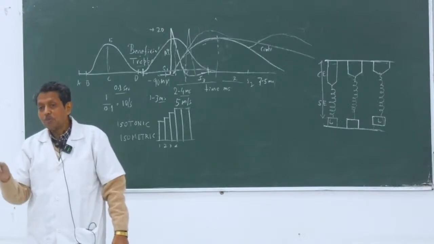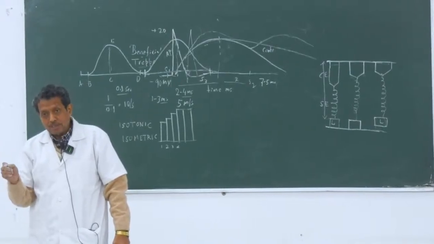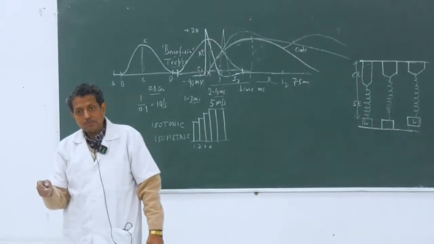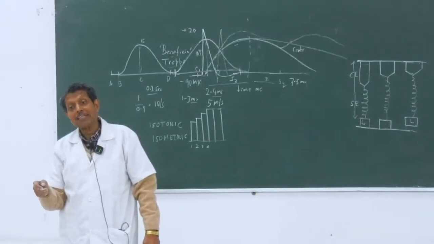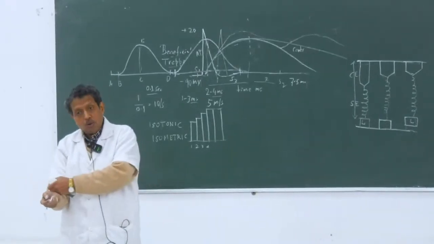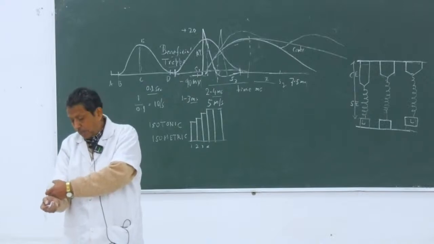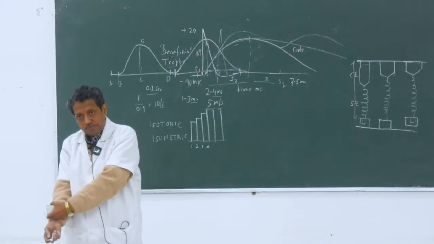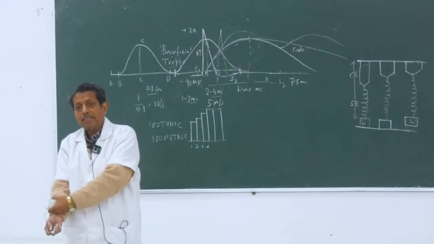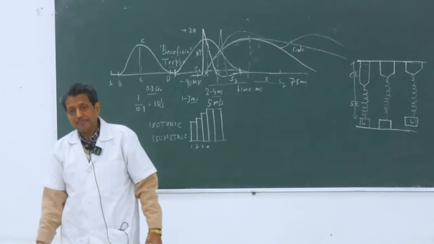Work is force multiplied by distance, and it is zero. So no work is done. But if the load is such that in spite of my effort it goes down, then also work is done, but it is negative work.